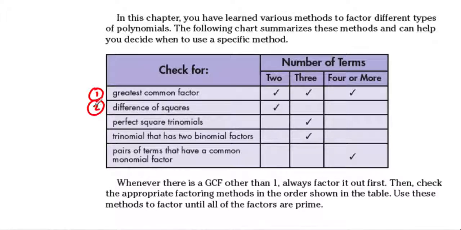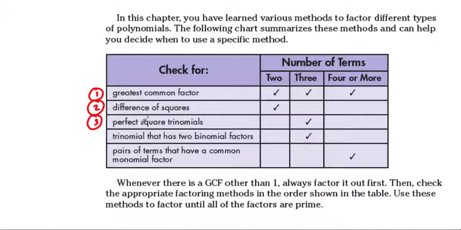Third priority would be perfect square trinomial. Check if it is a perfect square trinomial, because remember, a difference of squares and perfect square trinomials have patterns. You don't have to go through the entire factoring method. So follow the pattern, you're good to go.